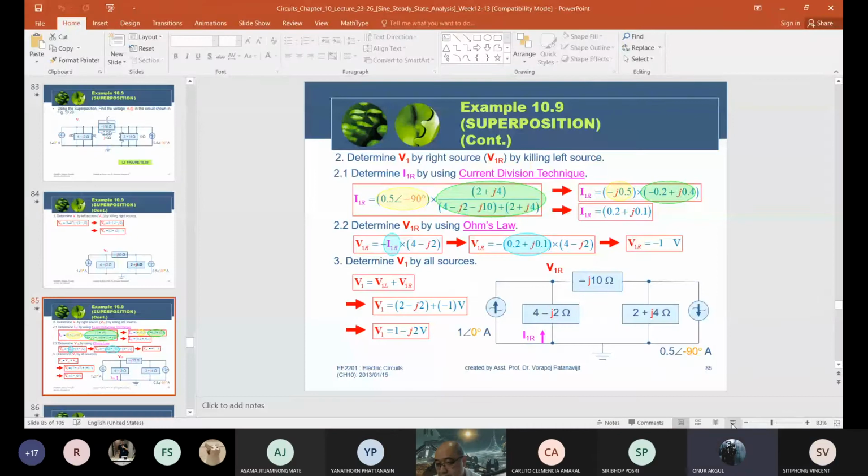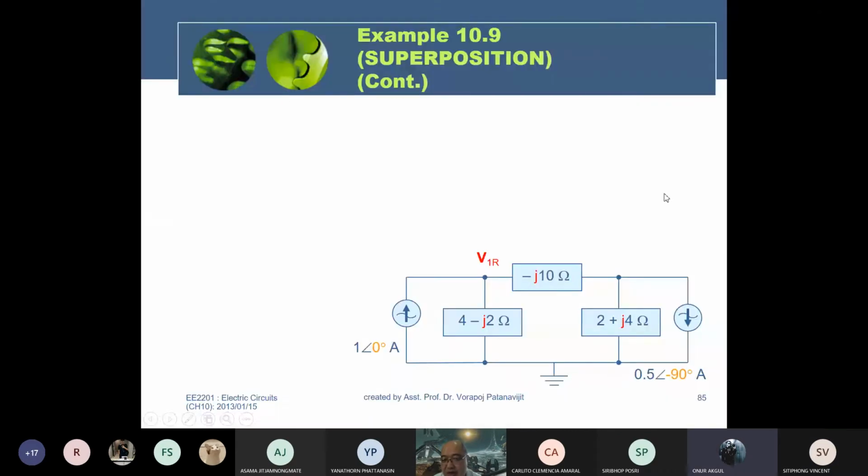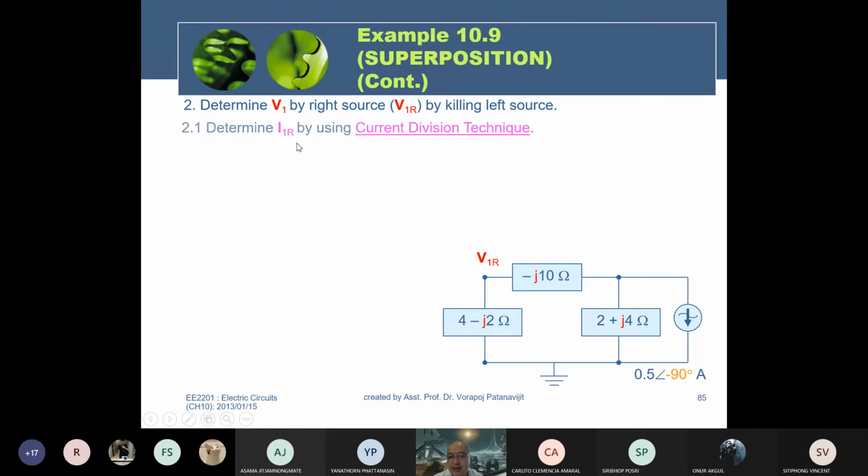Yes, sir. Okay, continuing from the previous one. In this step, you can see that when you use the source in the left hand, you activate only the source in the right hand. The current source flowing in here splits into two parts: one flows in 2 plus 4j, and another one flows in here.